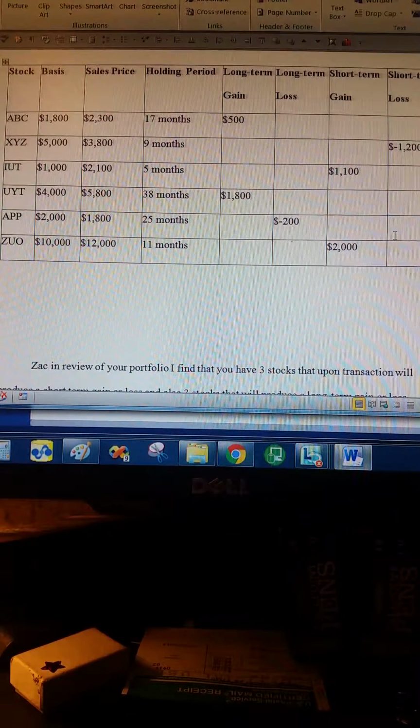Short-term losses are more advantageous than long-term losses because short-term gains are taxed at the higher ordinary income tax rates. Long-term gains, on the other hand, are taxed at the lower capital gains rate. For example, assume you have $5,000 in short-term gains and $5,000 in long-term gains.